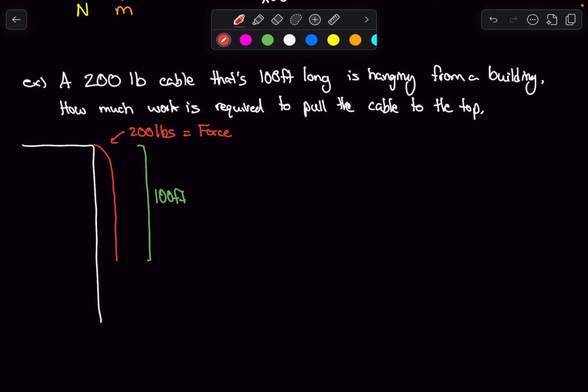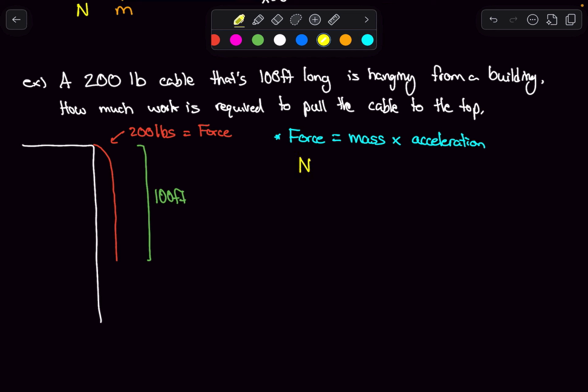And the reason why I'm pointing this out is perhaps an aside, which is that from physics, force is equal to mass times acceleration. Okay? So when we talk about the metric system and we say newtons, right? Mass is usually given in kilograms, and the acceleration that we're talking about, it kind of depends.